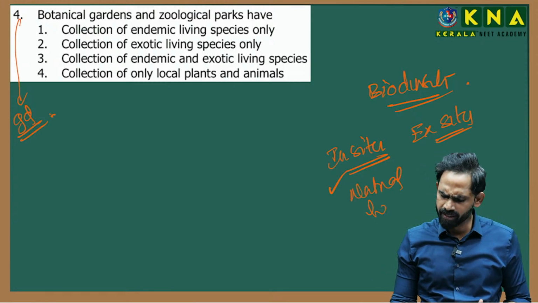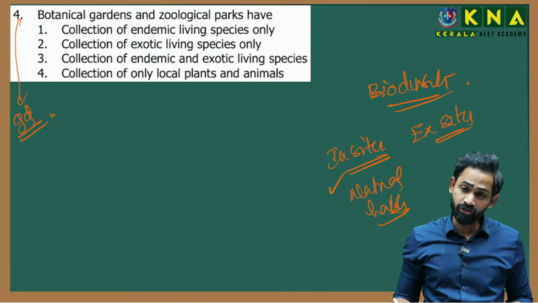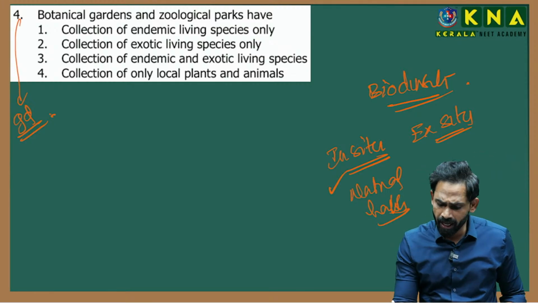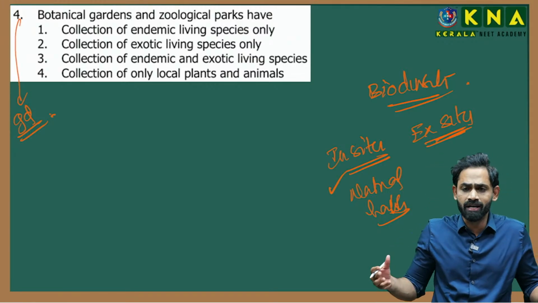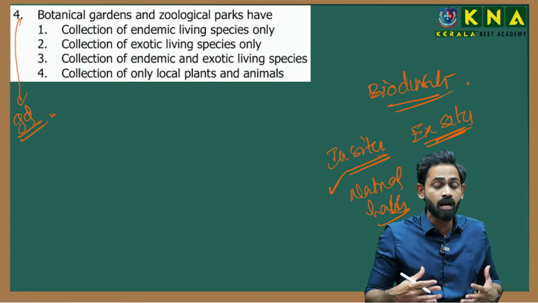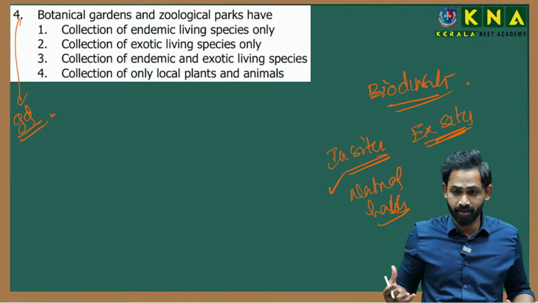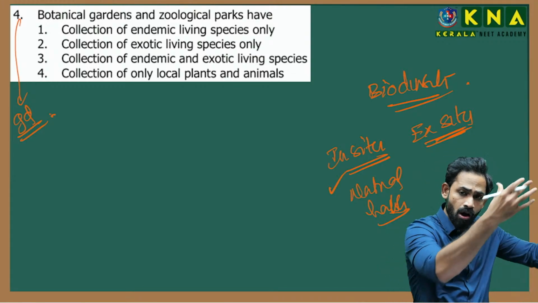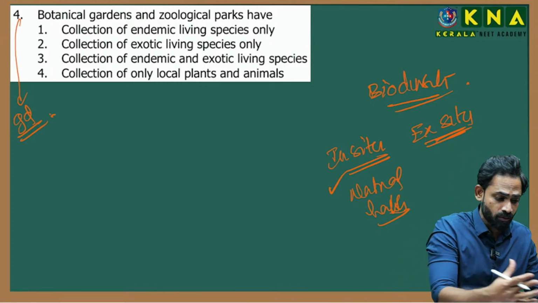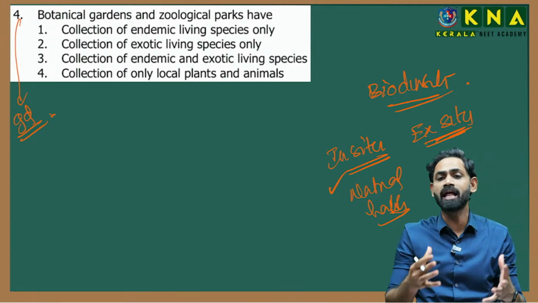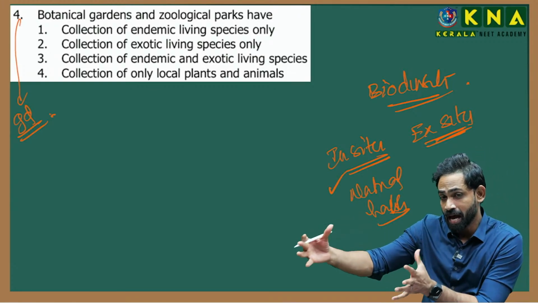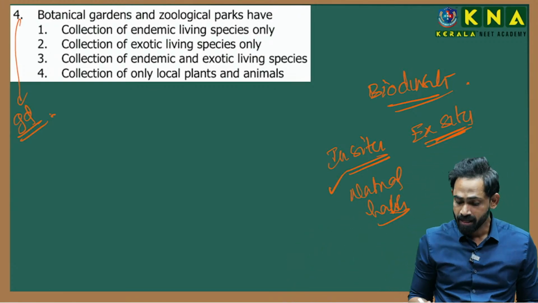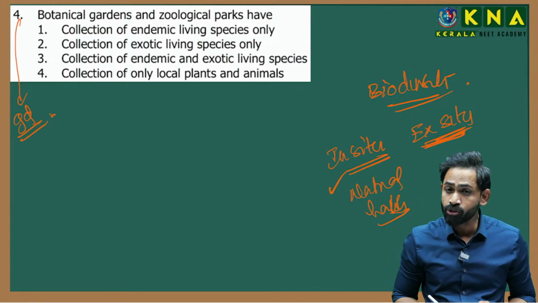But in ex situ conservation, the plants or animals which are going extinct, those rare organisms, are taken out of their natural habitat and protected in artificial habitats. This is called ex situ conservation.